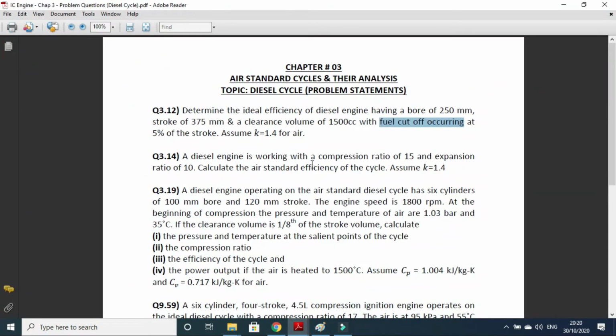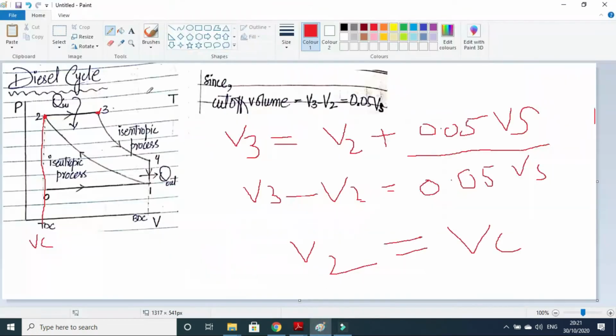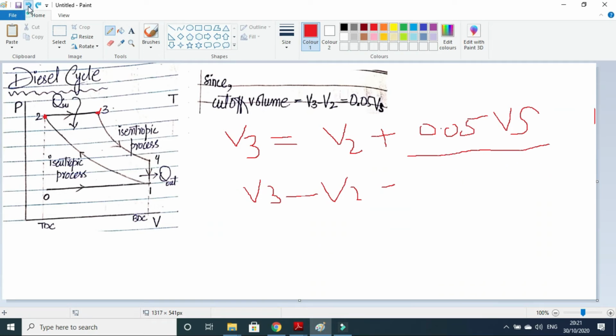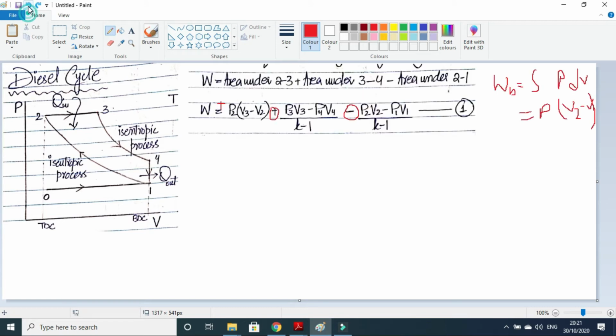A diesel engine is working with a compression ratio of 15 and expansion ratio of 10. Calculate the air standard efficiency of the cycle. So what is the compression ratio and what is the expansion ratio? We can see from this diagram.